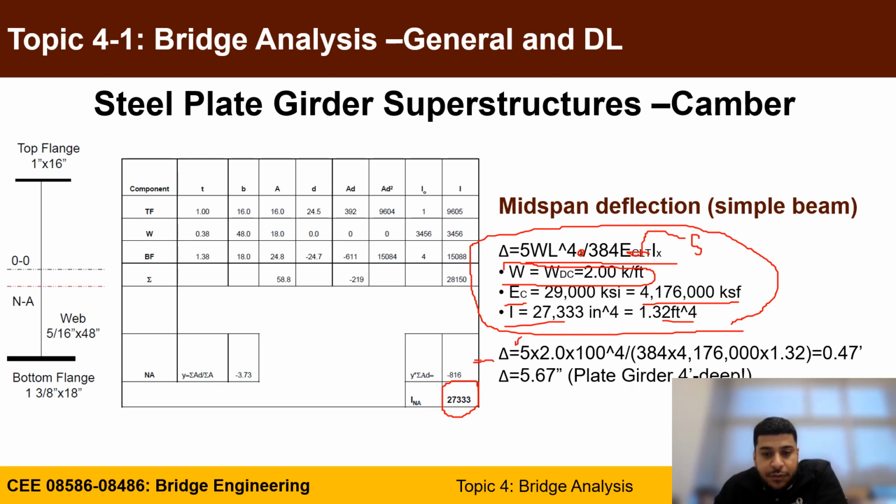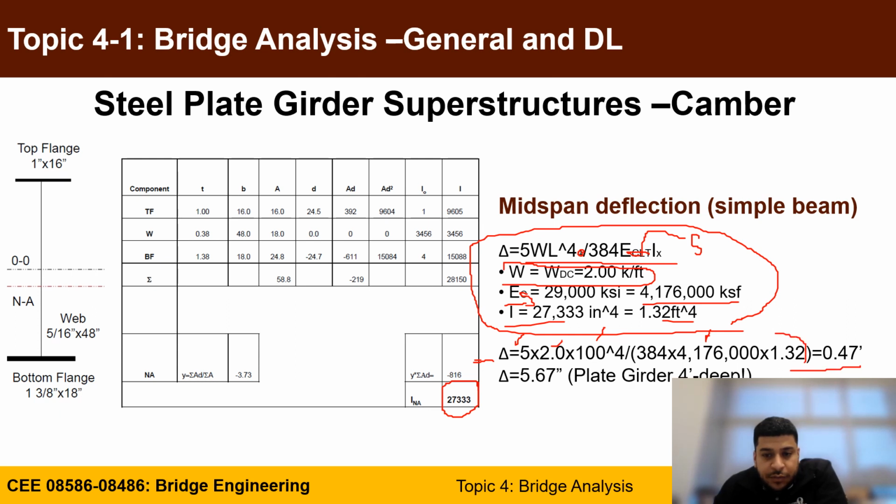You have the 5, you have the 2, which is the load DC, you have the 100, which is the length, you have 176,000, which is your modulus of elasticity of steel, and you multiply that times the inertia, and you end up having 0.47.